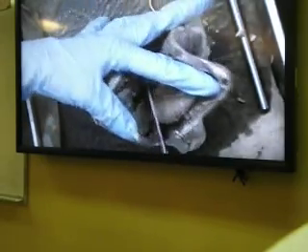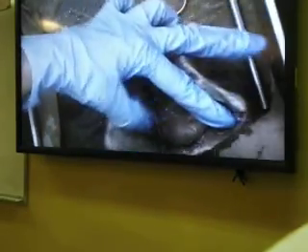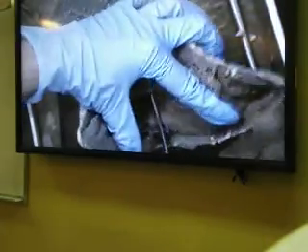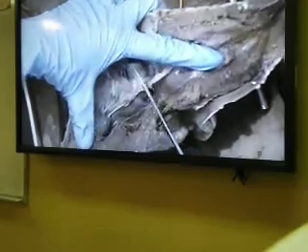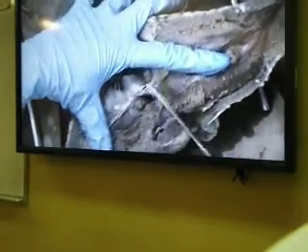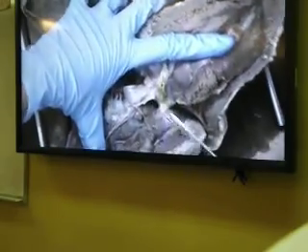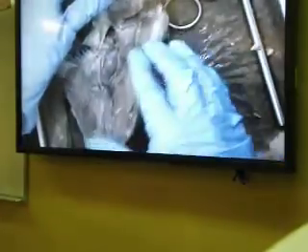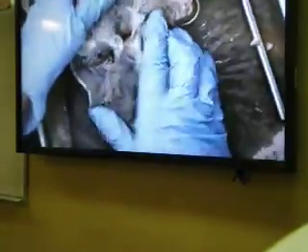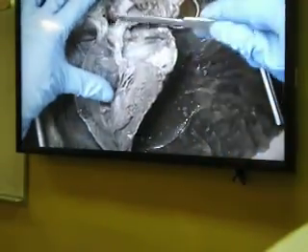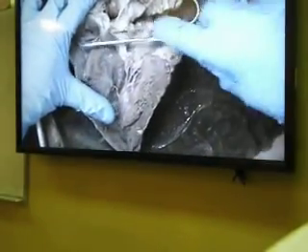Cutting through the valve, cutting through the chordae tendineae, which we did not want to do in the beginning because we wanted to see before cutting through them how they actually look, to appreciate the look.